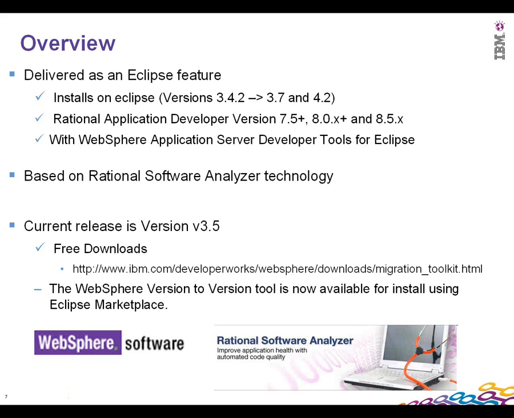It is available as an Eclipse feature, which makes it very easy to consume. What you need is a lightweight Eclipse or RAD, whichever you want. You can even have any IBM IDE based on Eclipse, like WebSphere Integration Developer or Rational Software Architect. Any IDE from IBM you can use.